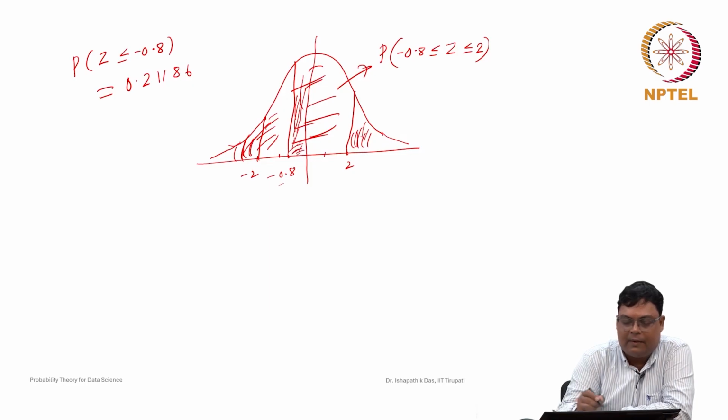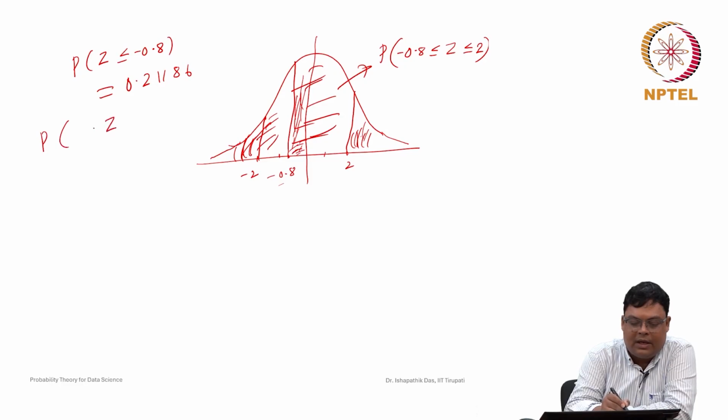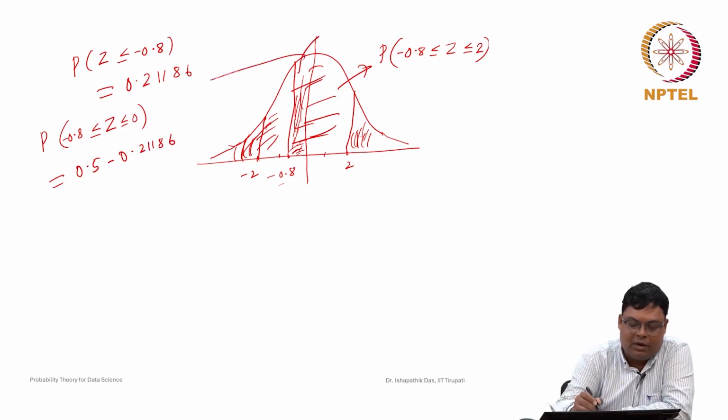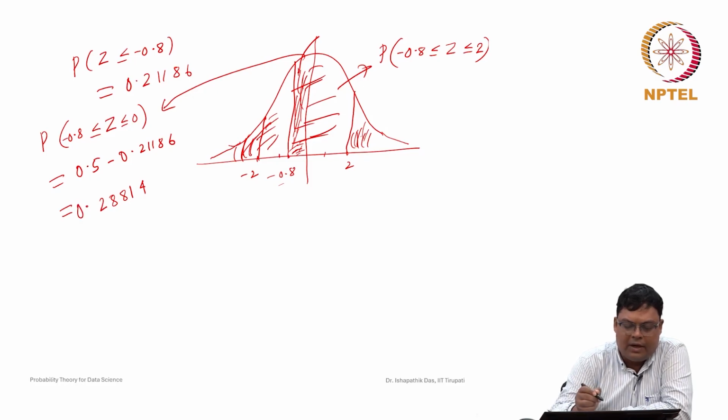This area is the probability that z is greater than or equal to minus 0.8 and less than or equal to 0. So, this area will be 0.5 minus 0.21186. We just have to subtract this, which is nothing but 0.28814.